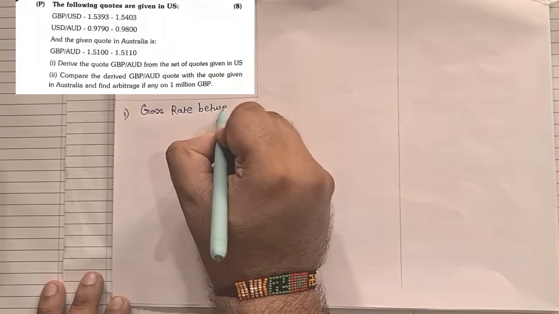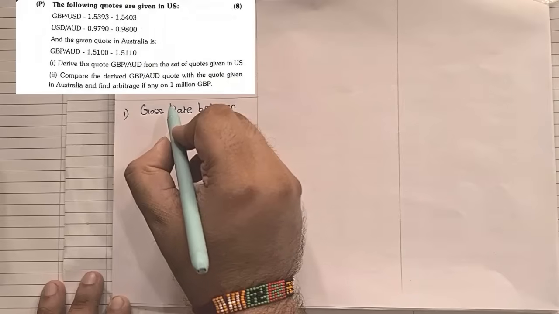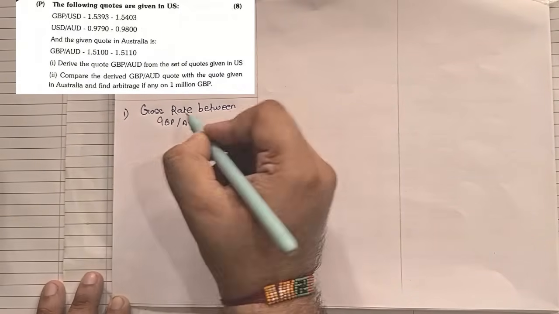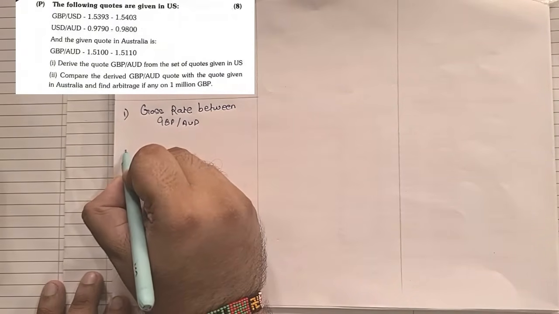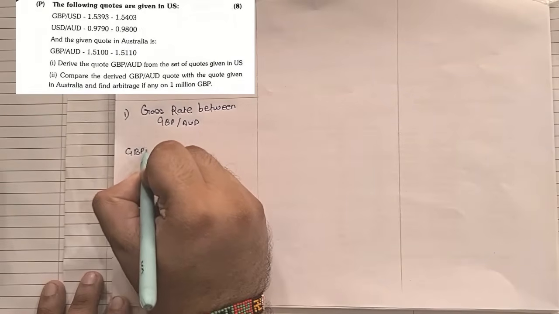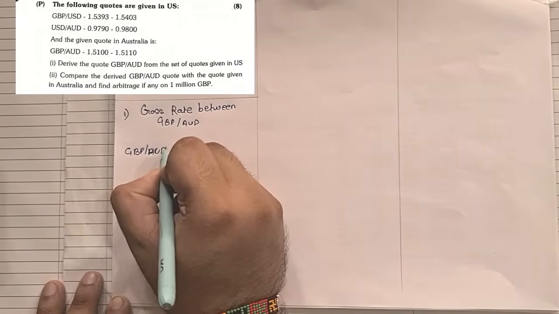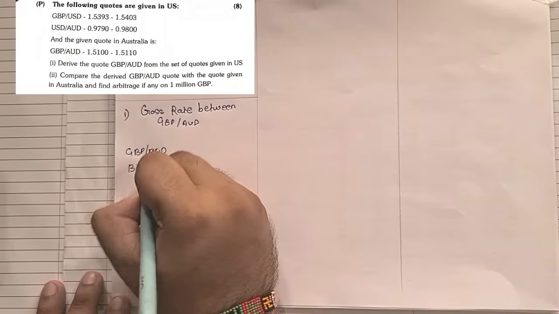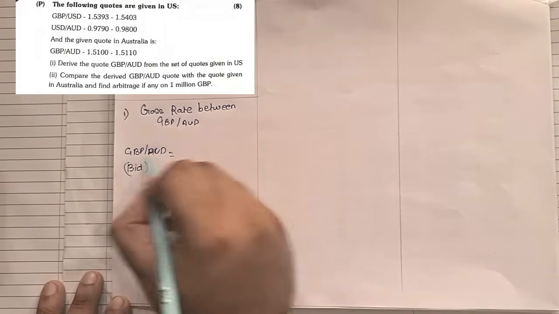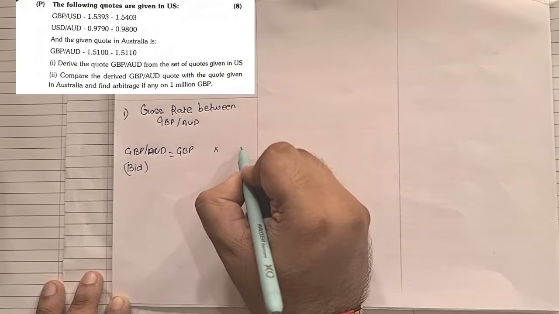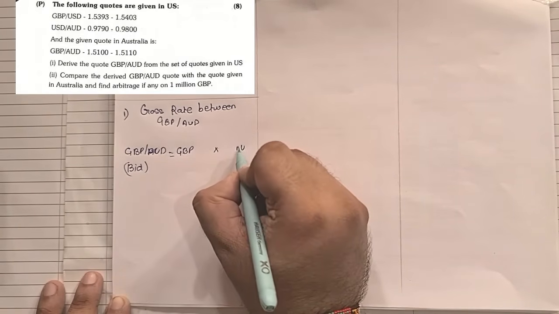Okay, so number 1, first they are asking us to find the cross rate between GBP to AUD. ठीक है, तो चलो we'll start with that. First, GBP to AUD, we'll find the bid rate. Okay, the rule is very simple. The first value keep it at the start, put the multiplication sign in between, and second value at the end, that is AUD.